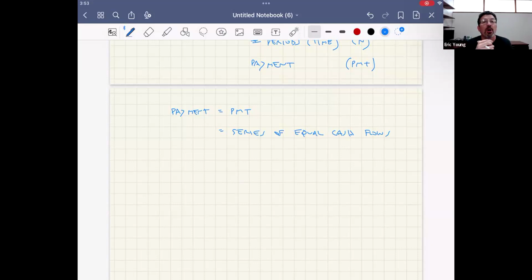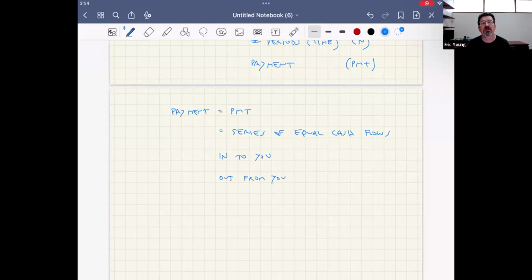So if, for example, you're retired and you have a retirement account and you're going to receive $1,000 a month, as long as the cash flows are equal, that's a payment. It's coming into you. If you buy a new car and you have to spend $500 a month for your car payment, that's a payment out. It's a cash flow, it's equal amounts, and it's going out. So the key to understand payments is that payments can come in to you or flow out from you.